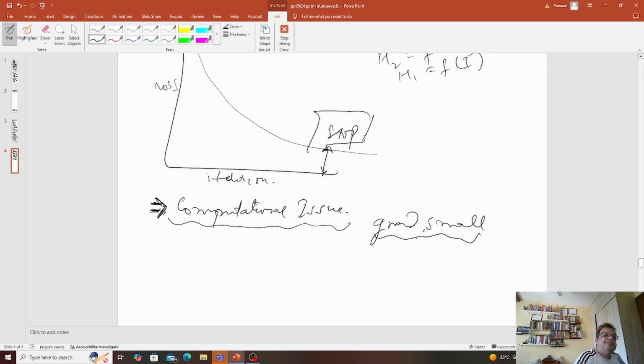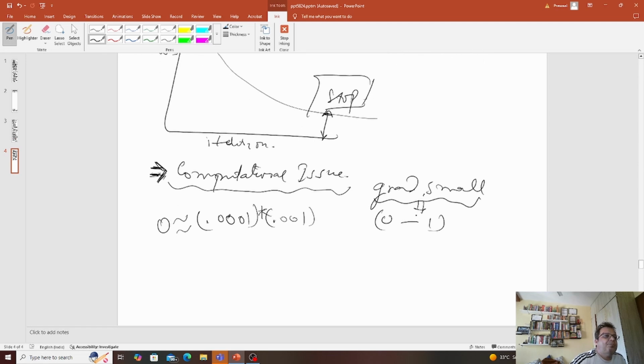Generally the gradients are going to be between 0 and 1. Let's suppose your gradient becomes 0.001 and your gradient before that is 0.0001. When you start multiplying these gradients, you come very close to 0.